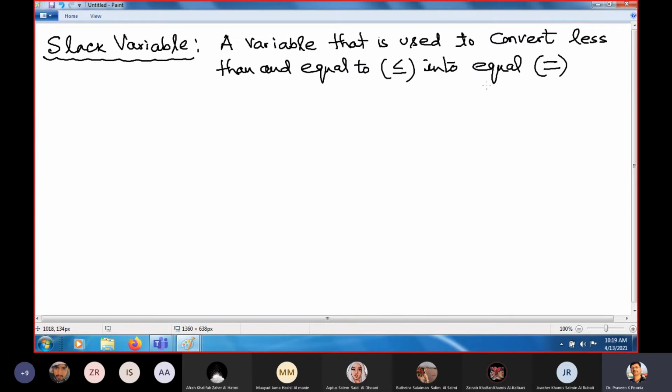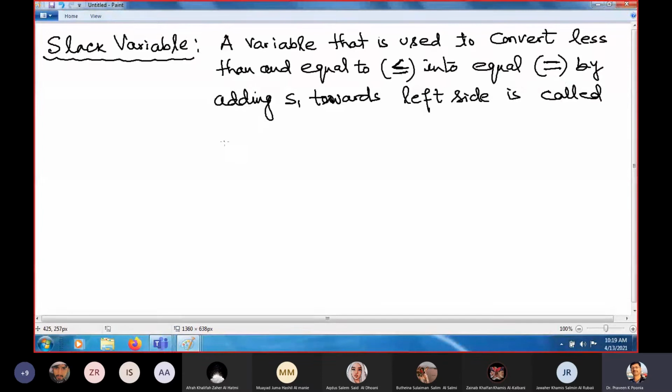So slack variable is a variable that is used to change less than constraint into equal by adding S1 towards the left side. It is called slack variable. What we call it? We call it slack variable.